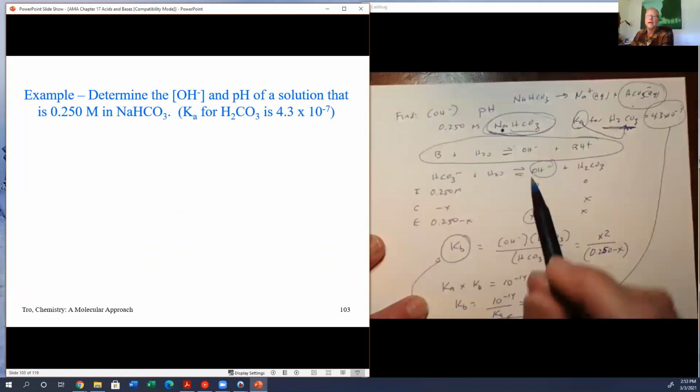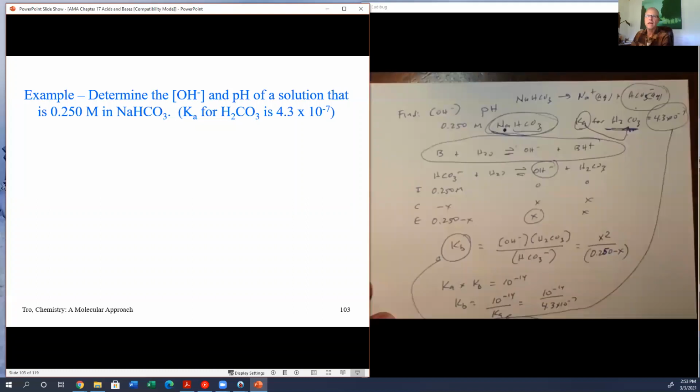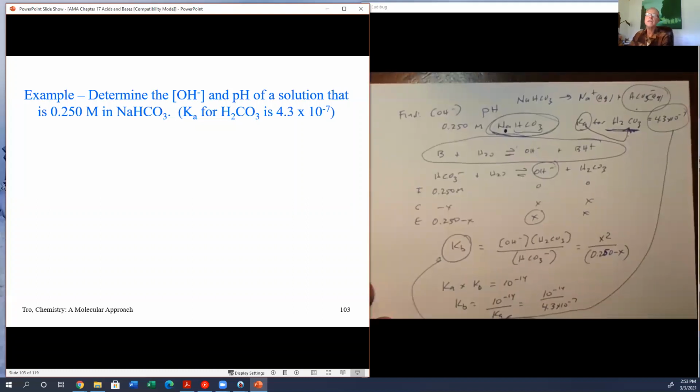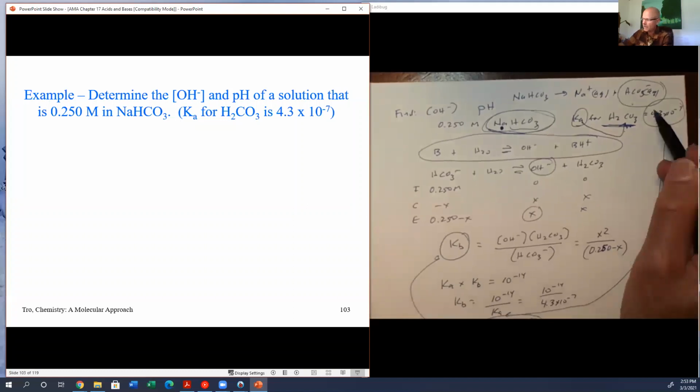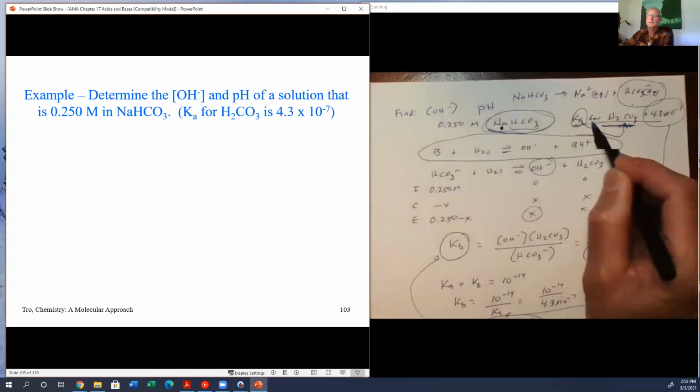It'll always be a version of that. Set up your ICE table, solve for x. In order to solve for x, you need Kb. The only difference in this problem and the other weak base problems that you've already done is that you don't know Kb right away. Kb is not given. You have to get Kb from Ka.